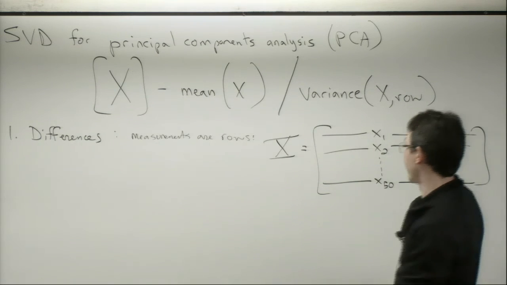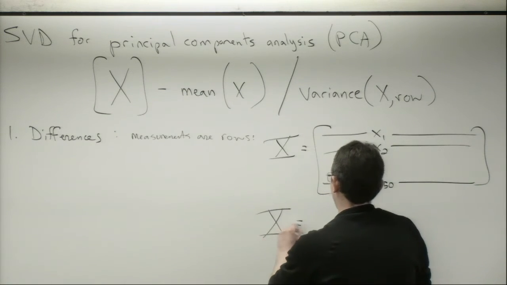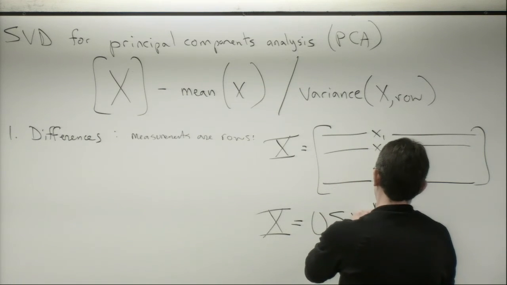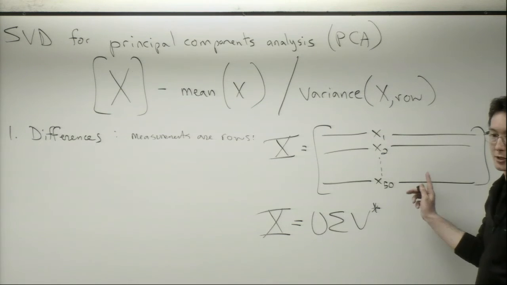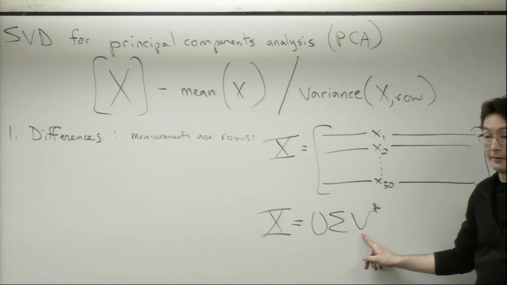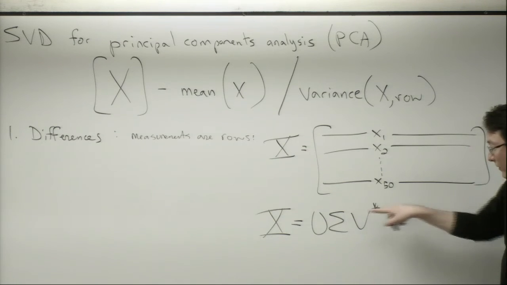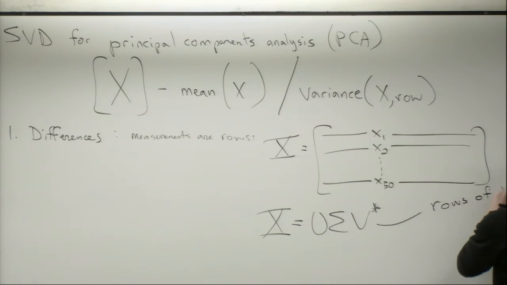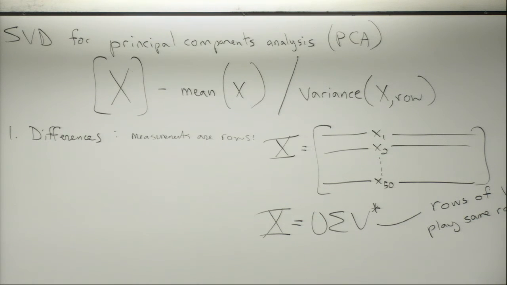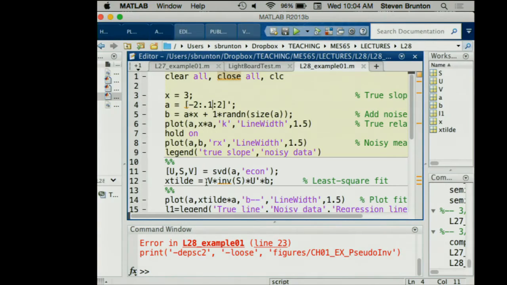And so my singular value decomposition in this case is X equals U sigma V star. Now the things I care about, the correlations between gene expression, are now coded up in the columns of V, which are the rows of V star. So rows of V star play the same role in PCA as columns of U before.